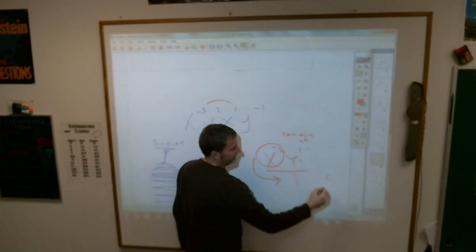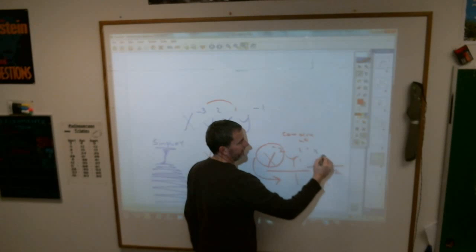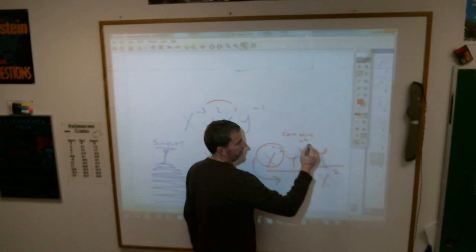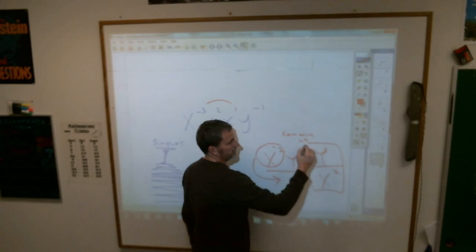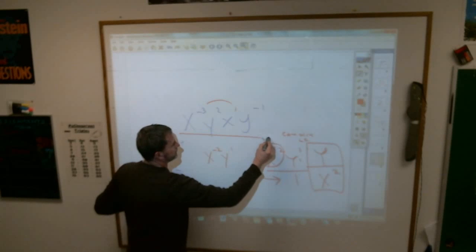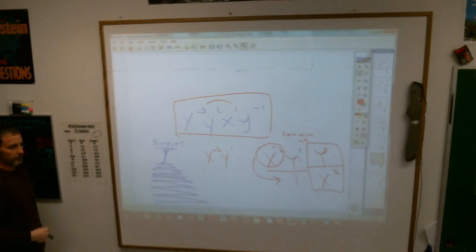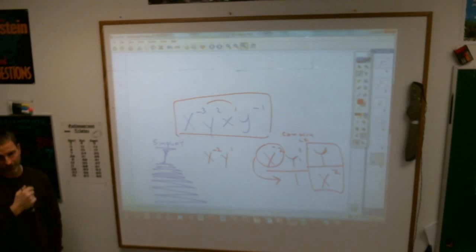So on bottom, I'm going to have an x. Now I can change it to the positive 2. On top, I have that y. This is the simplification of this. And welcome to a slightly higher level of mathematical. It's not hard, it's just confusing.